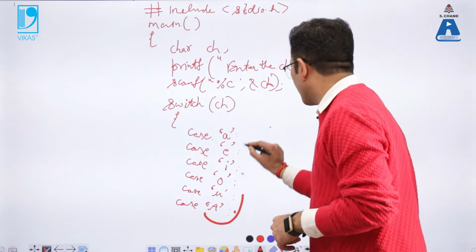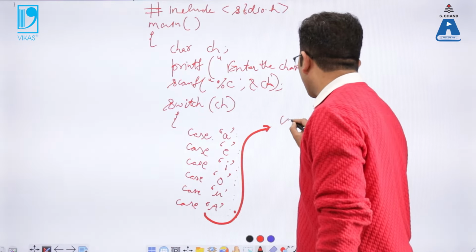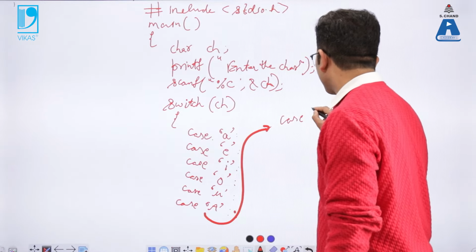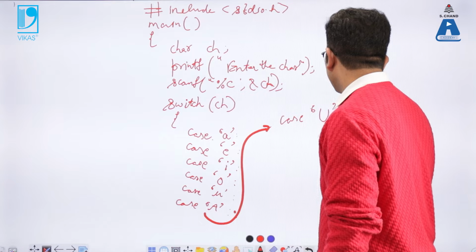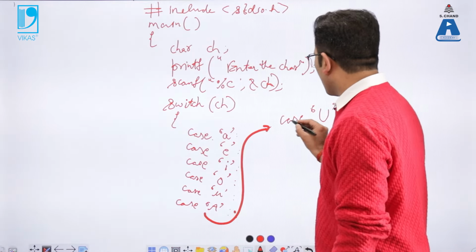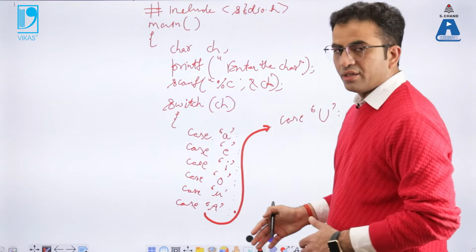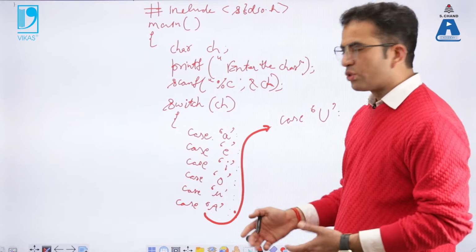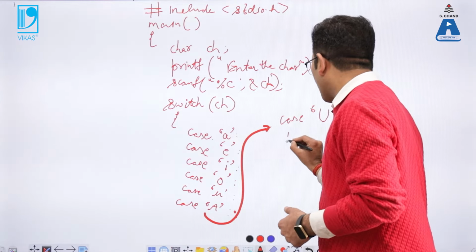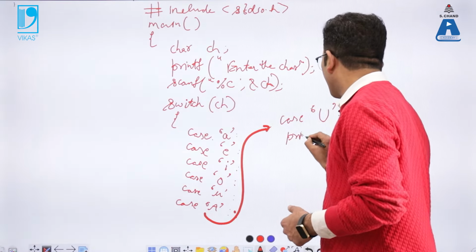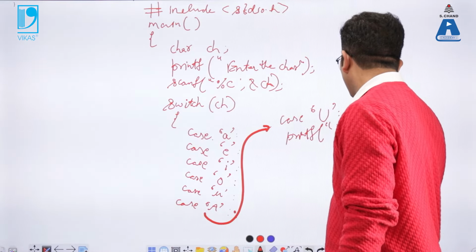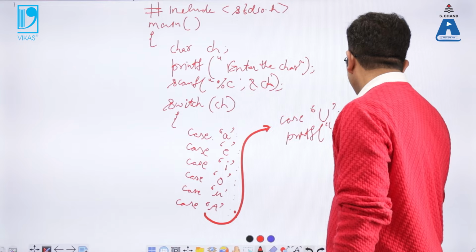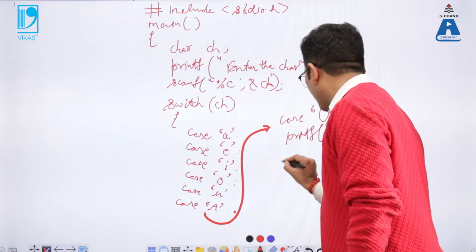okay, after this case capital U, out of these 10, if any of the cases is true, then we will write finally printf, it is vowel and break.